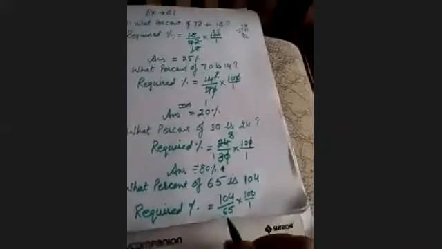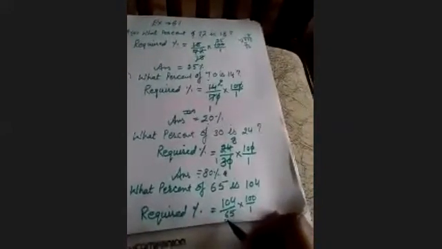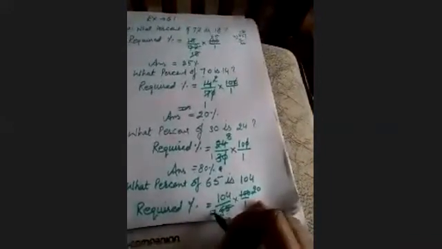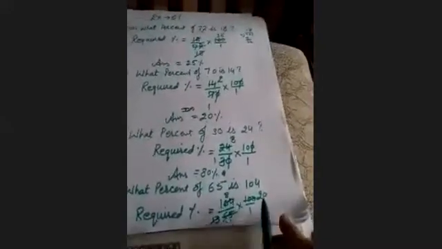Now students, 65 and 100 are both multiples of 5. So we will divide both numbers by 5. 100 divided by 5, you get 20. And here 13. 13 8s are 104. Now 8 multiplied by 20 is 160. So our answer is 160%.